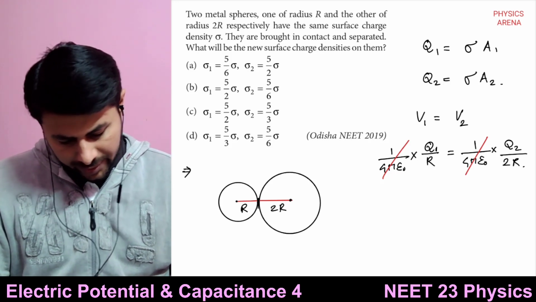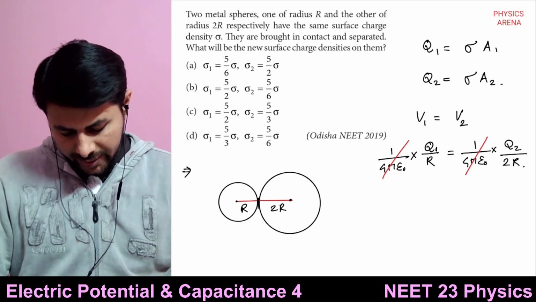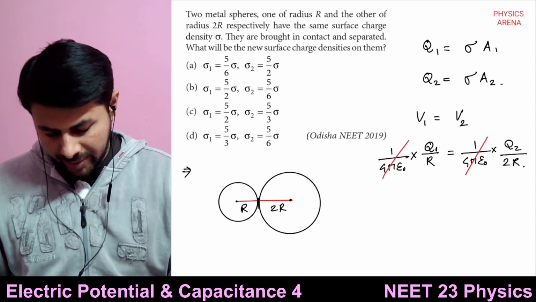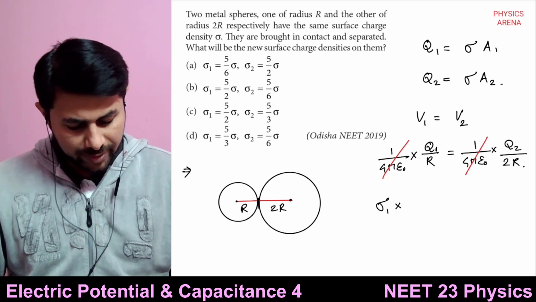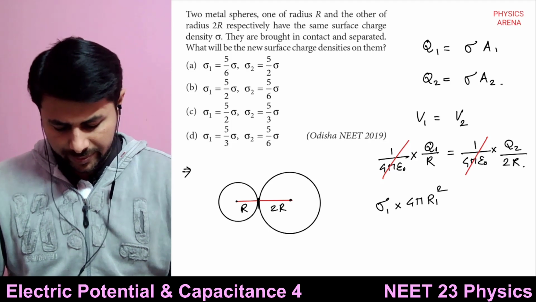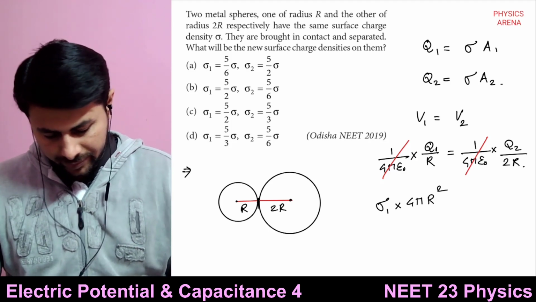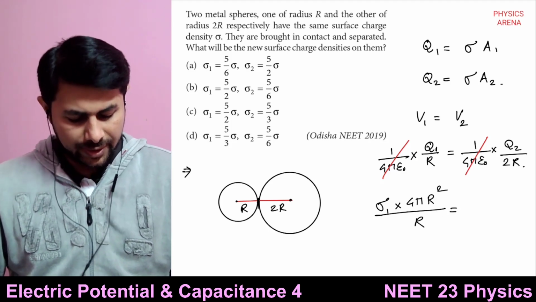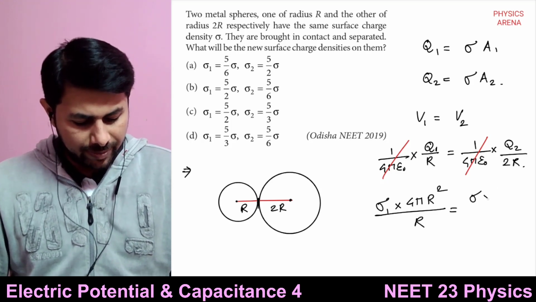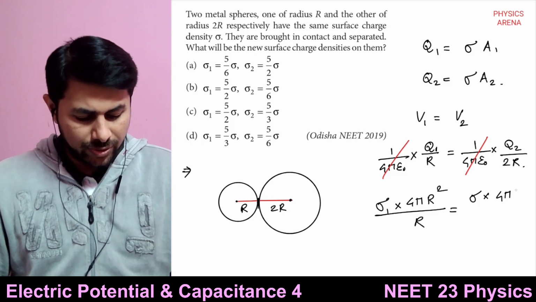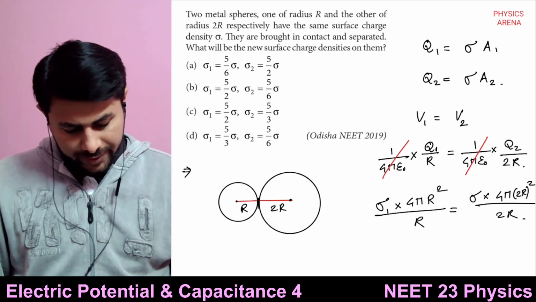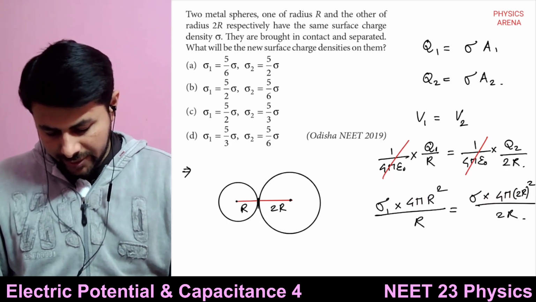Now Q1 can be written as sigma 1 multiplied by 4 pi R1 square, or R square, and we have R in the denominator. Q2 is sigma 2 multiplied by 4 pi R2 square, which is (2R) square. So 4 pi gets cancelled once again.